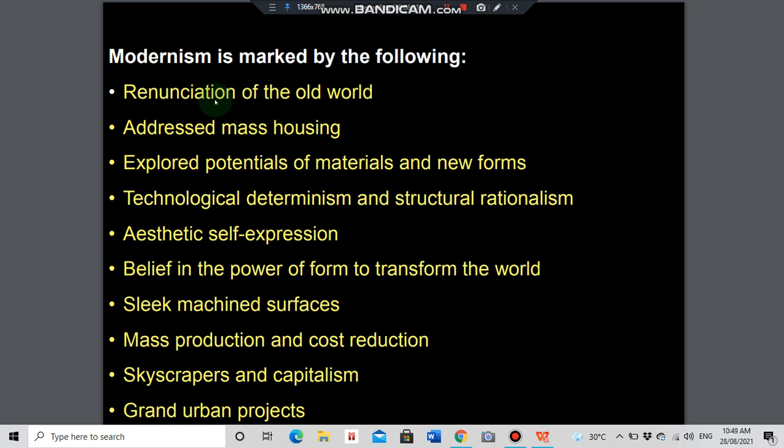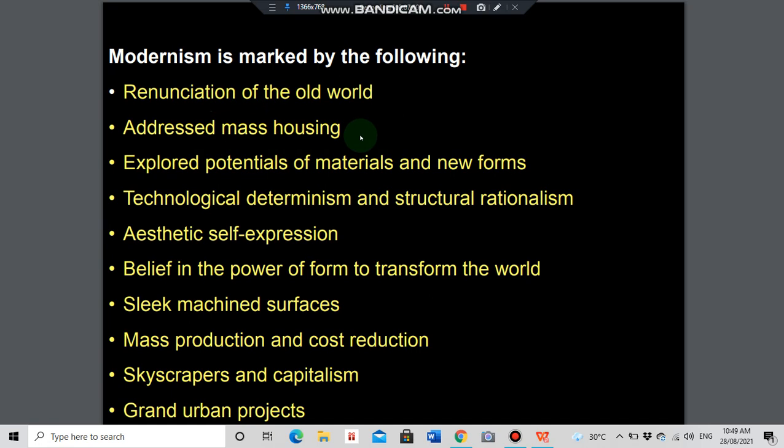Or yung dating mundo, inaalis na yan sa modernism, no? Renunciation, the formal rejection of the old world. Okay? Next, addressed mass housing. Of course, it addresses maramihan, mass housing.